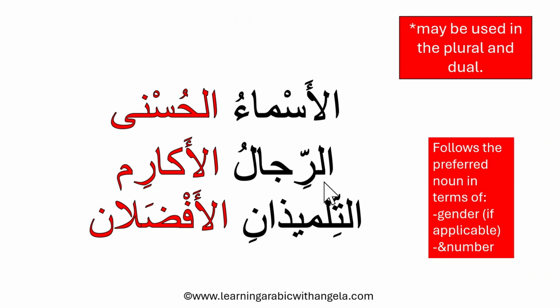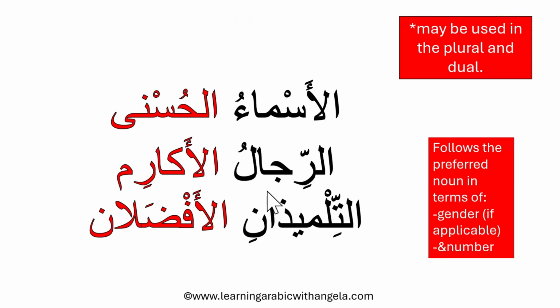Al-asma al-husna. Al-rijal al-akarim. So al-rijal, al-akram changes to al-akarim. Al-rajul al-akram, the most generous man. Al-rijal al-akarim, the most generous or the generous men. At-tilmidhan al-afdalan. So the best students, the two best students, التلميذان الأفضلان.